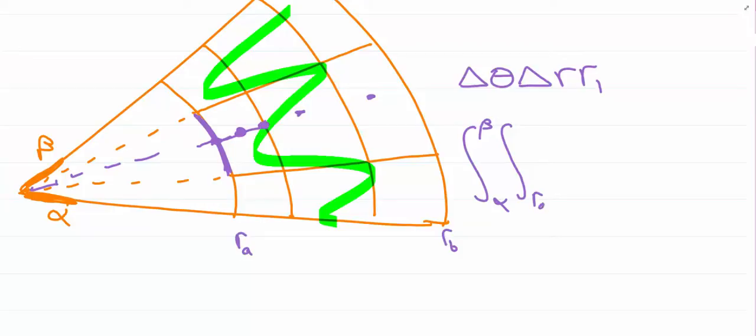It's going to go from R sub A to R sub B. Does everybody see that? So for every theta I keep fixed, and theta goes from alpha to beta, R goes from R sub A to R sub B, right? It goes from here all the way to here. So you give me a theta. Here's a theta. I start here, and it goes all the way up to here, and I calculate all those in there, right? Any questions?